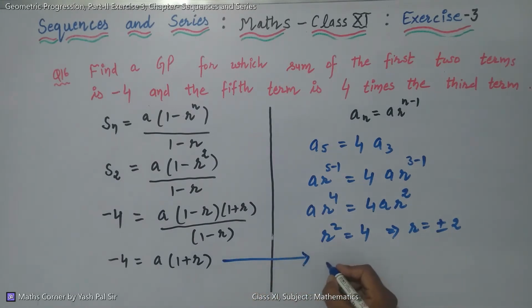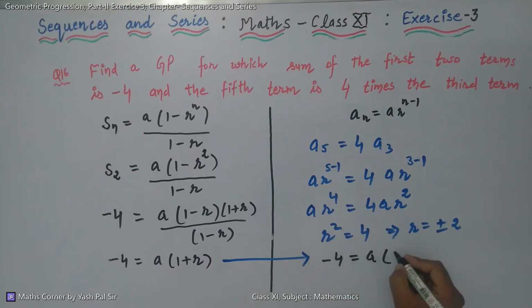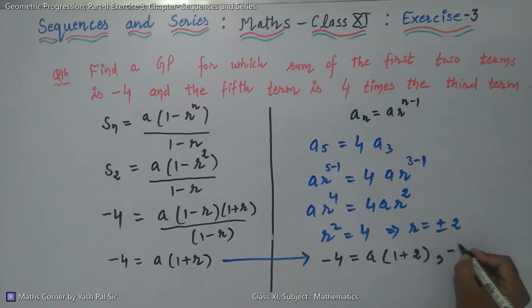This becomes -4 is equal to a into 1 plus 2, one time we take plus 2, and the second time simultaneously we put -4 is equal to a into 1 minus 2, because we have two values of r.